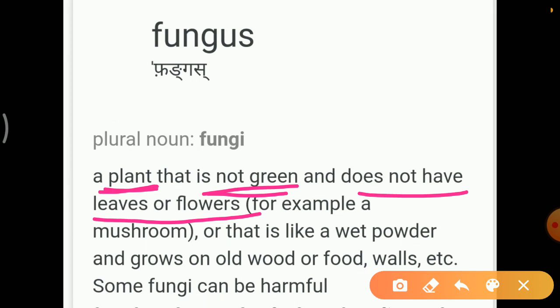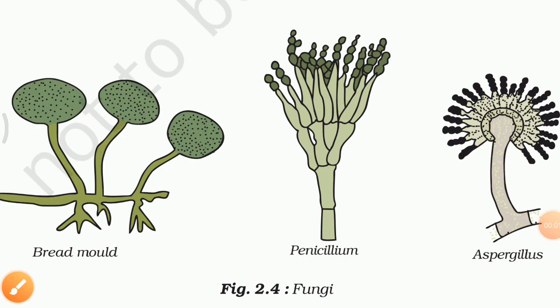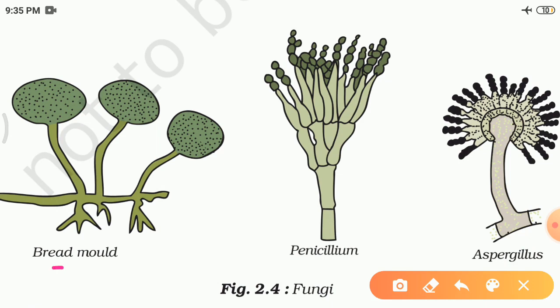For example, mushrooms, or those that are like a wet powder and grow on old wood, food, walls, etc., are fungi. Some fungi can be harmful also. Some common examples of fungi are bread mold, penicillium, and aspergillus.